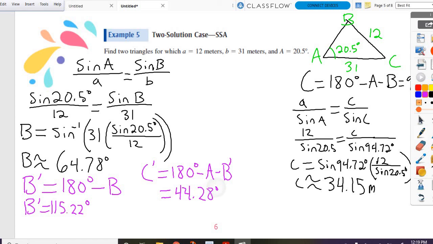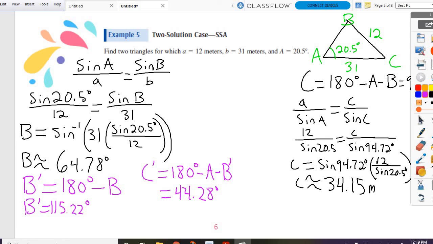44.28 degrees. And that's when we know we have two solutions, because we were able to find a second angle that makes it true. We know that we have a second triangle this time. Does that make sense? And then, like I said, we want to continue on. So now we need to find the little c that's going to make this true.